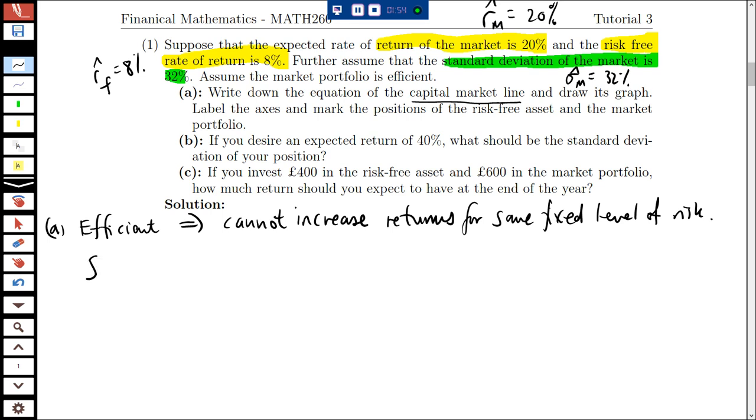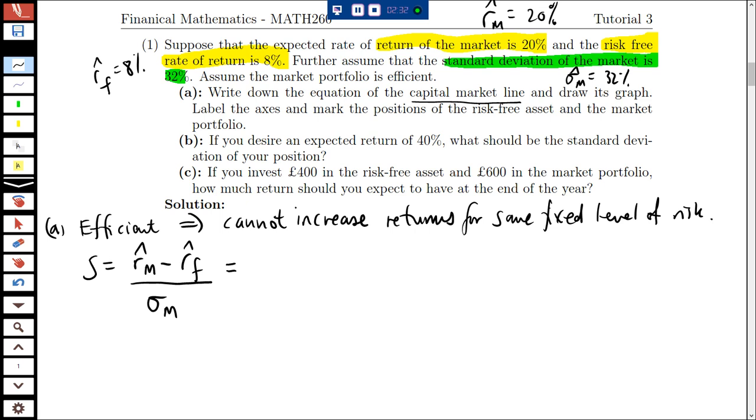And we know from the theory that the capital market line, so the maximum return for a given level of risk, follows Sharpe's ratio, which says the risk premium on the market portfolio relative to the risk-free portfolio per unit of risk. This is the market risk. This is maximized by Sharpe's portfolio, Sharpe's constant.